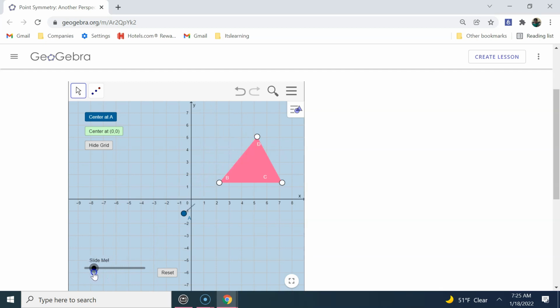So that's the point of symmetry, and that tells you how many degrees it's rotating. That rotates 180 degrees. That would be a point of symmetry.